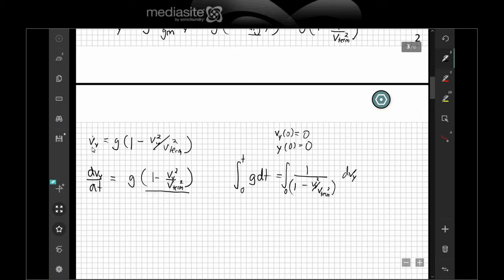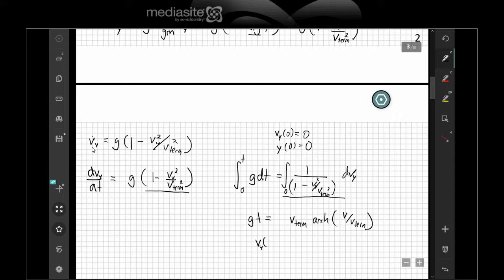If I do that, then what I'm going to get is gt, and then this integral you can look up. I'm going to get V term times, by doing that integral, you can look that up, the arctangent of v over V term. And then you can solve for v.